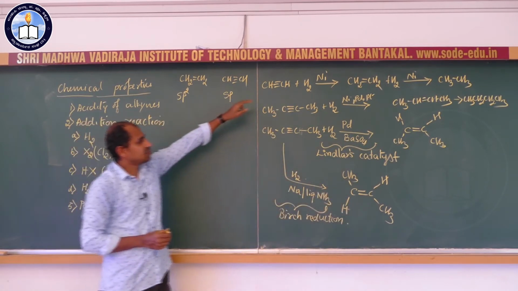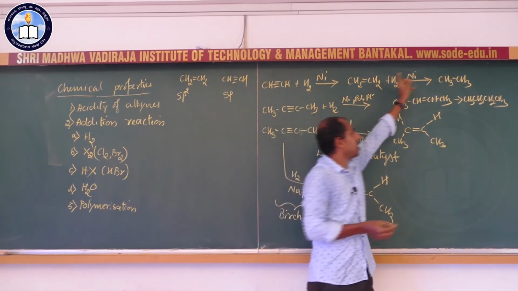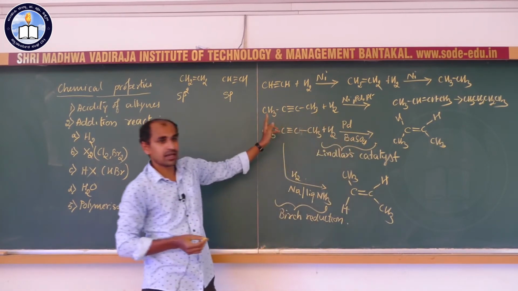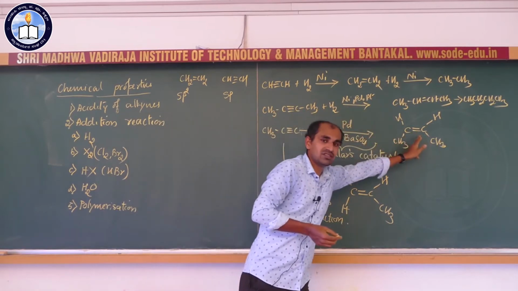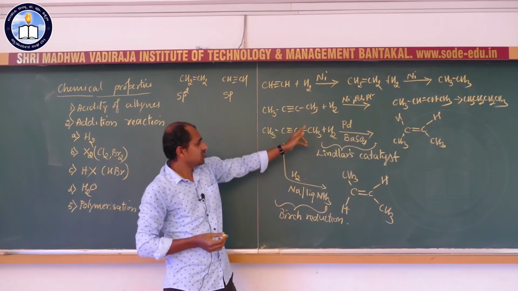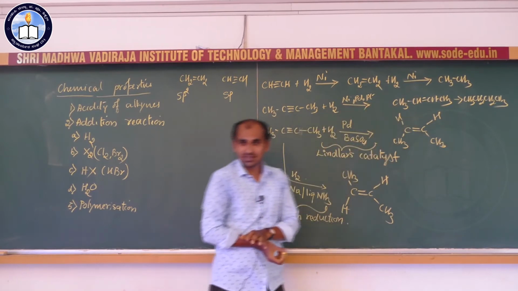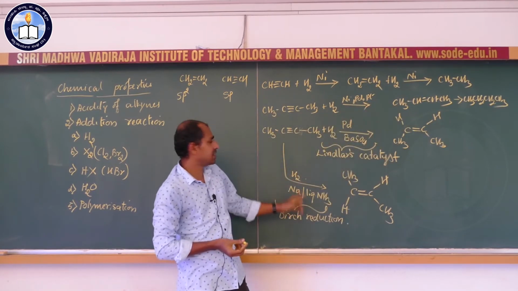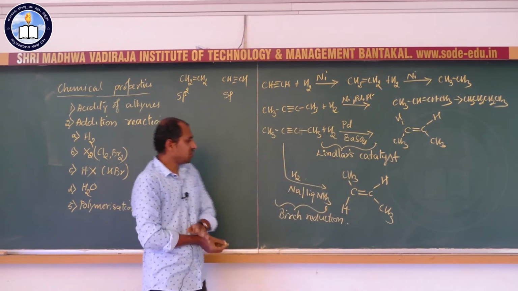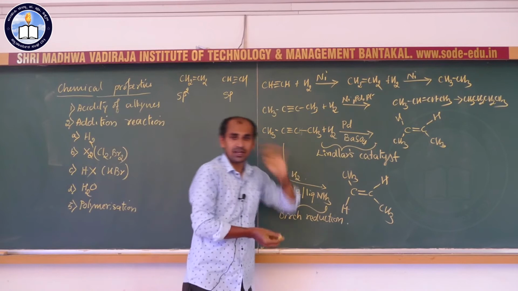So, in the absence of a catalyst, alkynes undergo hydrogenation to give alkene and later to alkane. But in the presence of suitable catalyst, we can convert alkyne into corresponding cis alkene and also corresponding trans alkene. So, in the presence of Lindlar's catalyst, alkyne undergo reduction to cis alkene. In the presence of Birch reduction condition, alkyne undergo reduction to trans alkene. So, this is something about hydrogenation reaction. So, reaction with hydrogen.